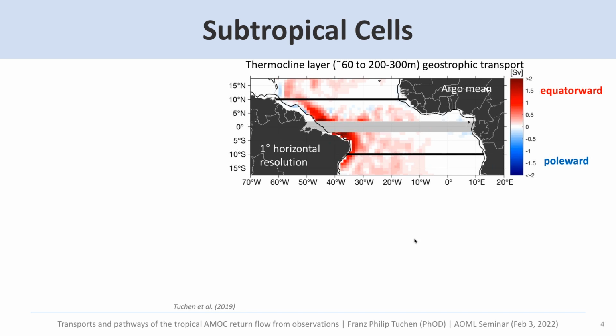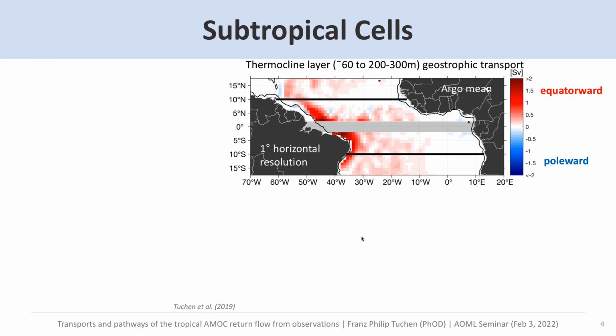Okay, so now coming to a few results about the subtropical cells, to just give you a bit of background information and to lead to the current study. So what I did was I estimated the subtropical cells, separating the two horizontal branches, which are the thermocline layer geostrophic transport and the surface layer Ekman transport.